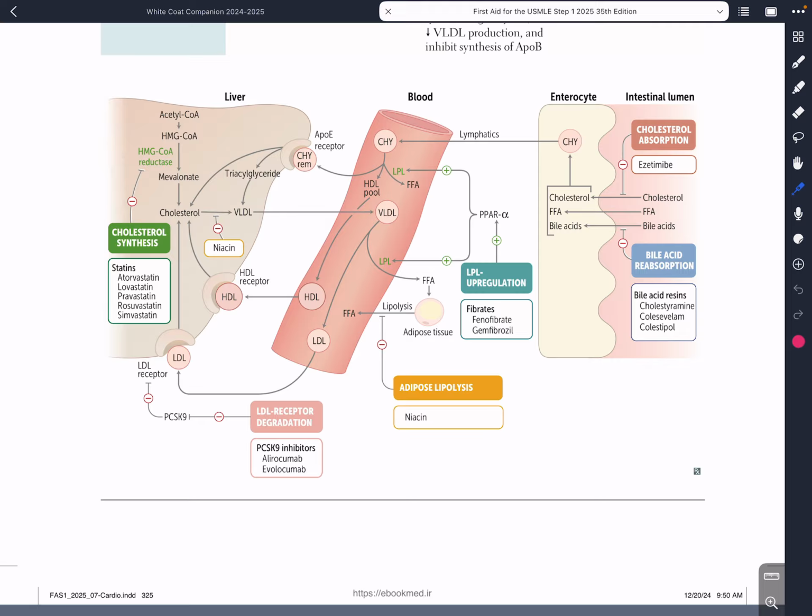Cholesterol synthesis inhibitors are statins like atorvastatin, lovastatin, pravastatin, rosuvastatin, simvastatin. Niacin inhibits cholesterol to VLDL synthesis, so VLDL is not formed with niacin.